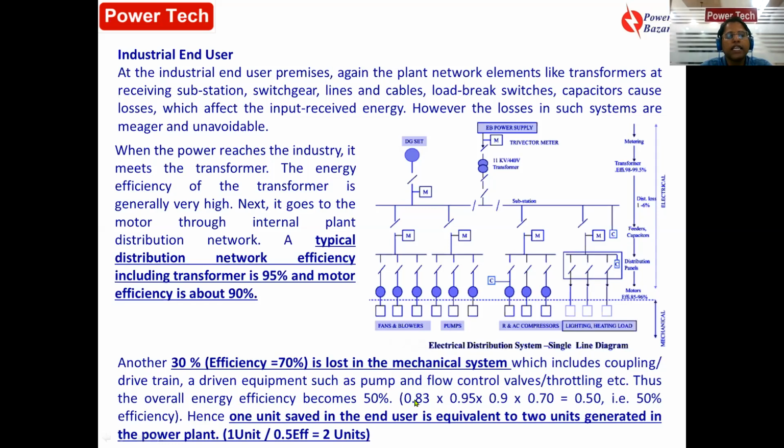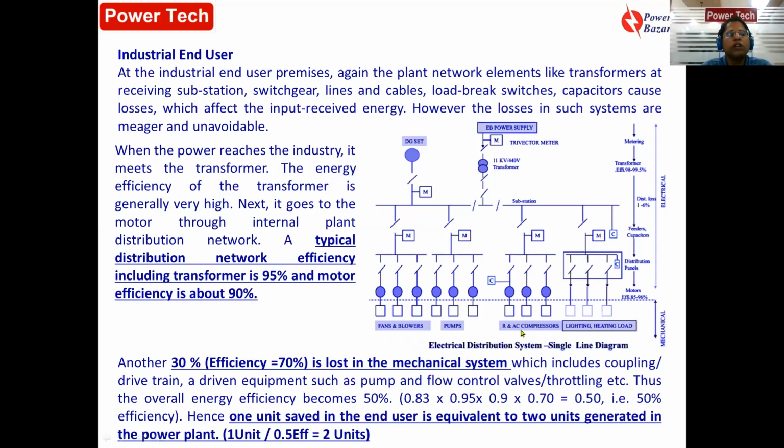How? 0.83 is the T&D efficiency, 0.95 is the transformer efficiency, 0.9 is the motor efficiency, 0.7 is the mechanical efficiency. That means I get 50% efficiency. That means if I am giving 2 units of generation, I'll be getting only 1 useful unit of energy at the mechanical or output end.